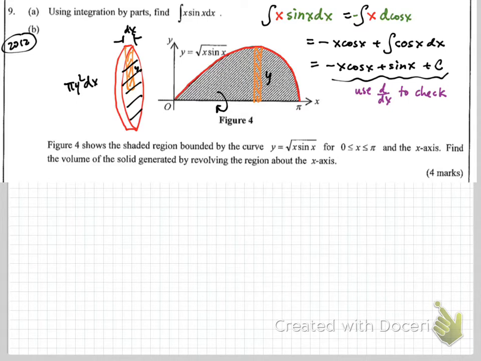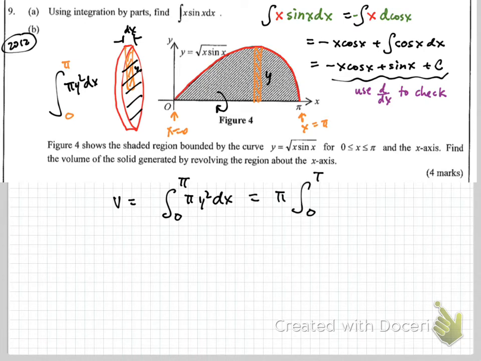And then we integrate from the smallest x, x is 0, all the way to the largest x, x is pi. So the integration is from 0 to pi. So the volume will be the integral from 0 to pi of pi y squared dx. But y squared is x sine x, so that is the integral from 0 to pi of pi x sine x dx.